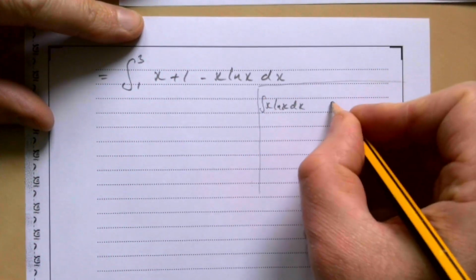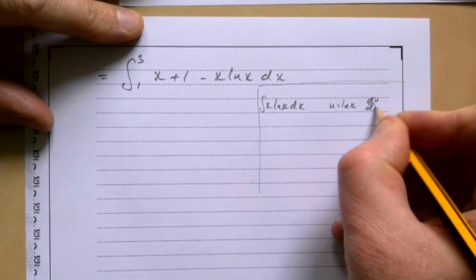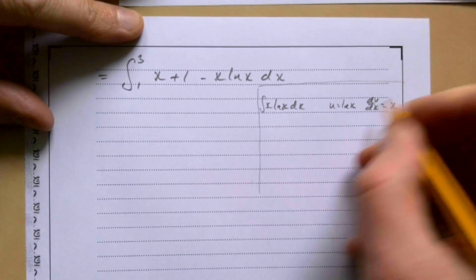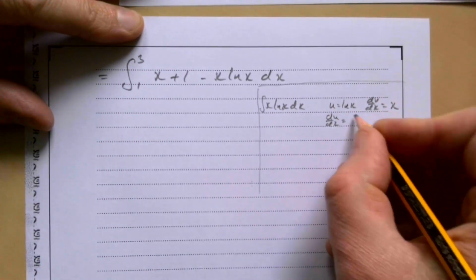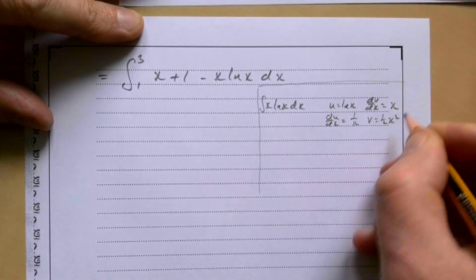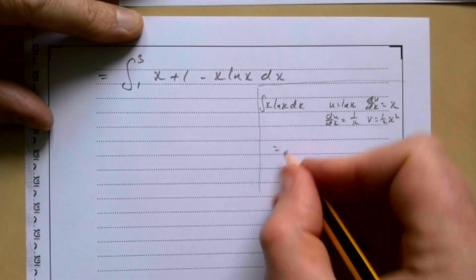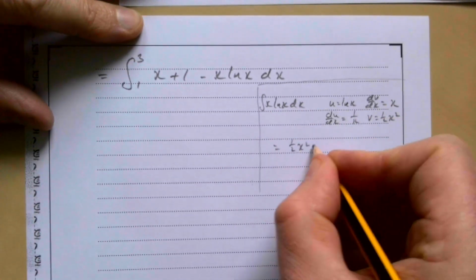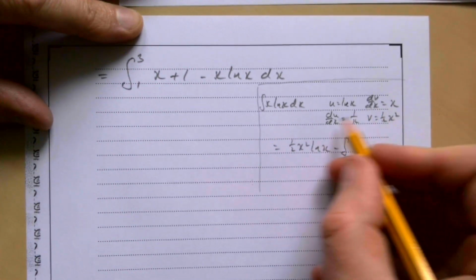So this is the one where we get u is ln x, and dv by dx, I'm using integration by parts here, is equal to x. Du by dx, if you differentiate ln x, you of course get 1 over x, and then v is a half x squared. My formula for integration by parts is uv, so it's a half x squared ln x minus the integral of v du by dx.